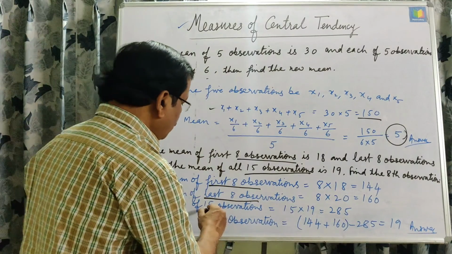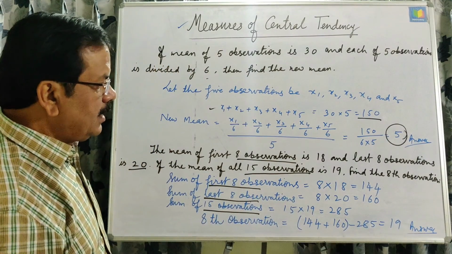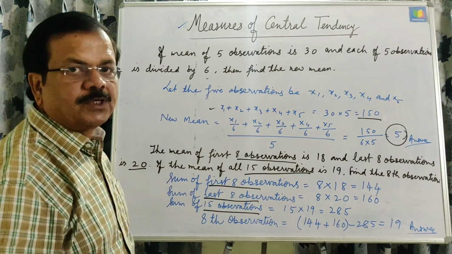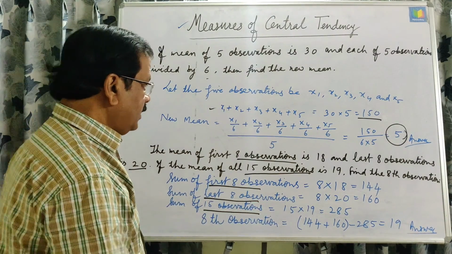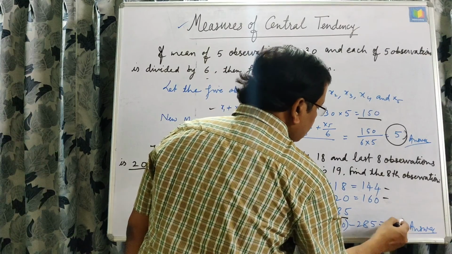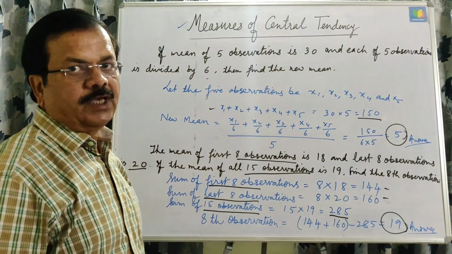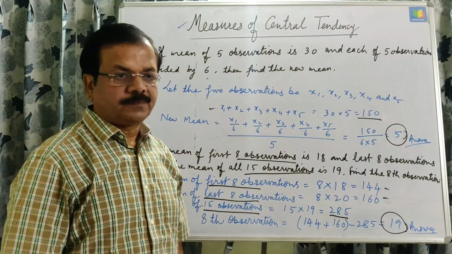Then the sum of 15 observations is also given, 285, and that is why the 8th observation is what is left out of this. So this plus this minus this will give the 8th observation, which is 19. Okay, now next question.